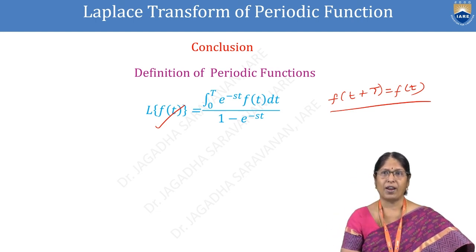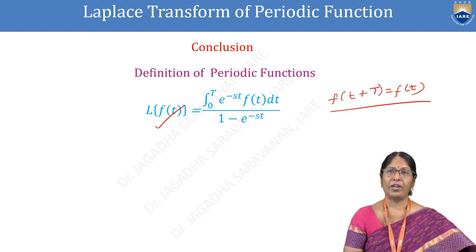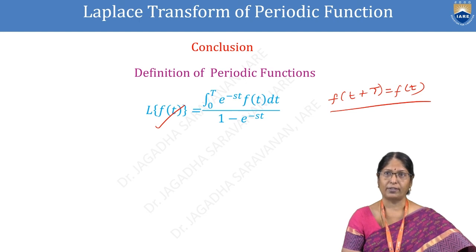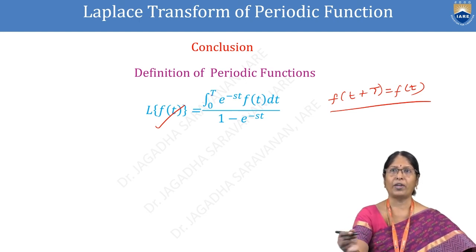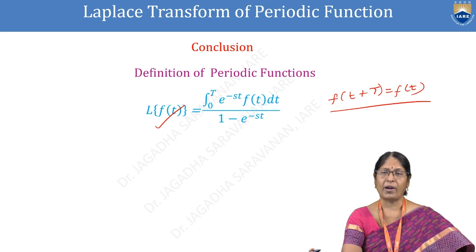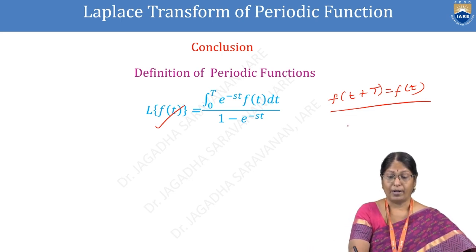The Laplace transform for a periodic function is the integral from 0 to capital T of e power minus st f of t dt, whereas the ordinary Laplace transform is the integral from 0 to infinity of e power minus st f of t dt.